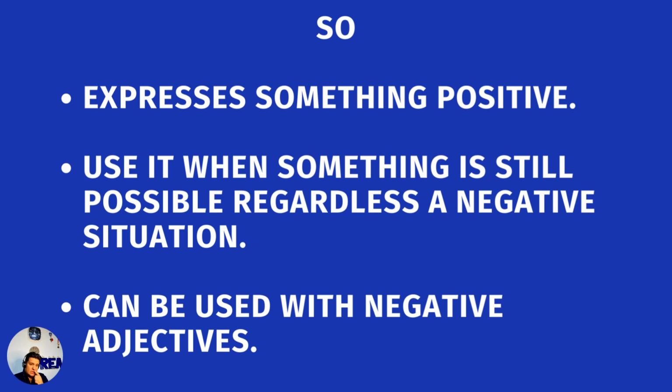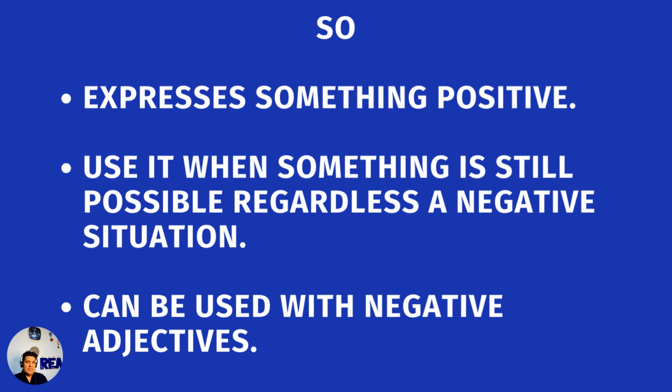Now, we use so to express something positive, as I said. We use it when something is still possible regardless of negative situations, and it can be used with negative adjectives. What do I mean when I say we use it when something is still possible regardless of a negative situation? Imagine you go to the restaurant and you order some soup, and you say, oh, this soup is so hot.